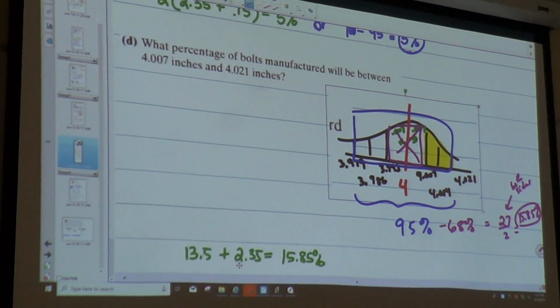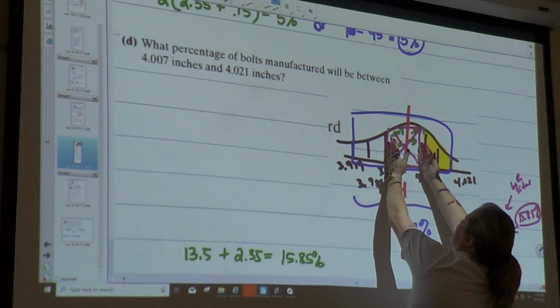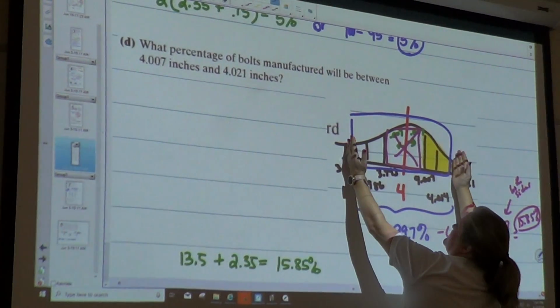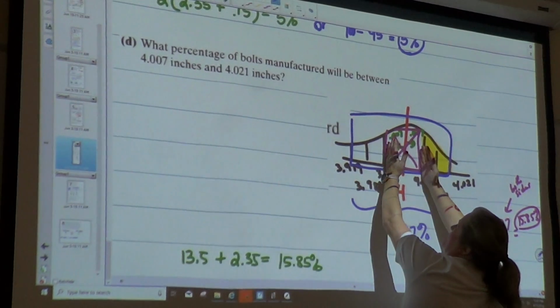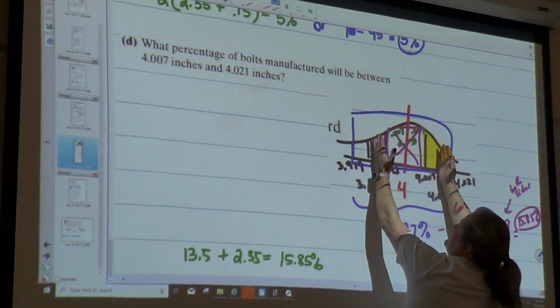It's not 95%. It's 99.7, it's a three jumper. Using 95% will give you the wrong answer. It's a 68, 95, 99.7. My bad, it's a three jumper.